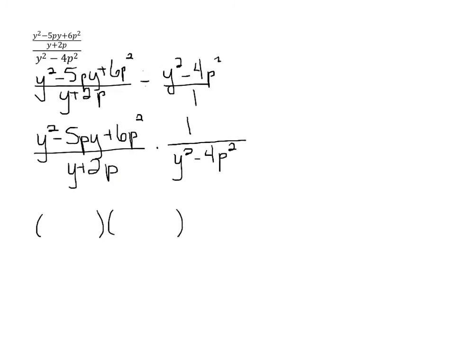I'm working on this portion right here. And just to make sure, that's y squared minus 3py minus 2 more 3py, so that makes it minus 5py plus 6p squared.